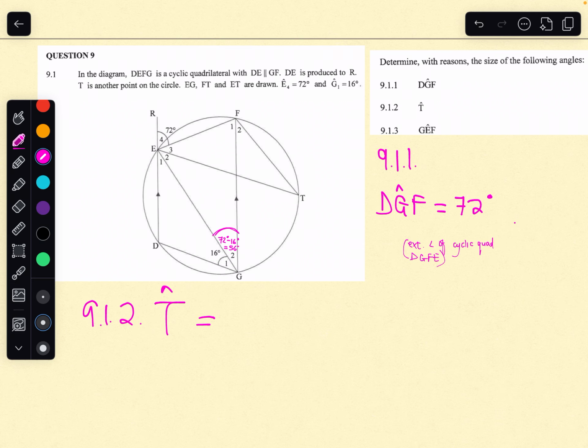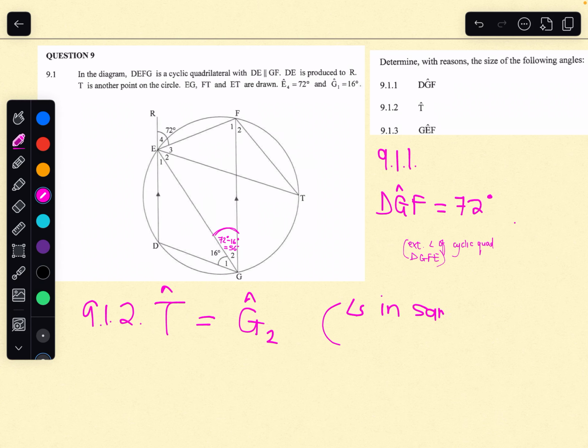Who knows? Angle T is the same as angle G2, which I have already worked out, but we can just write it down again for the people. Maybe let me put the reason first: angles in same segment.